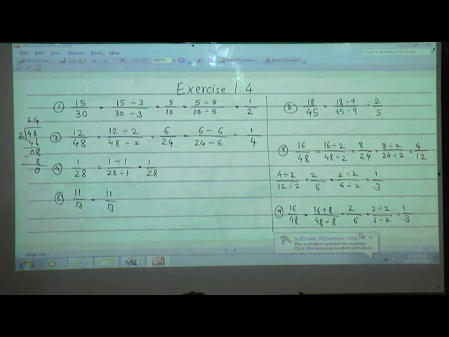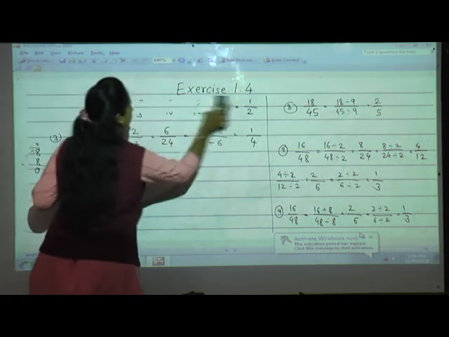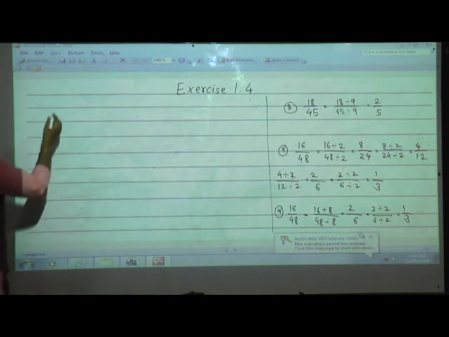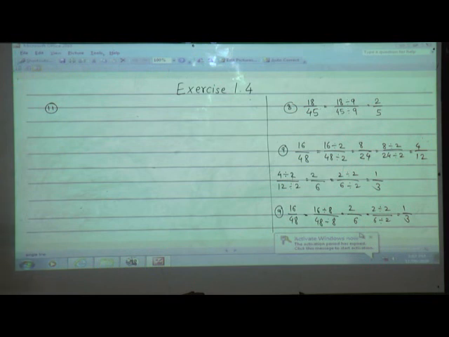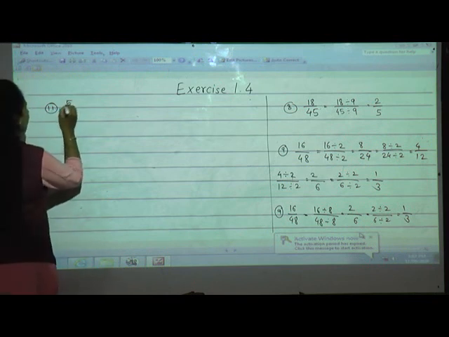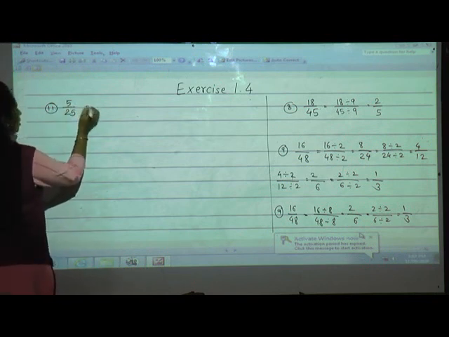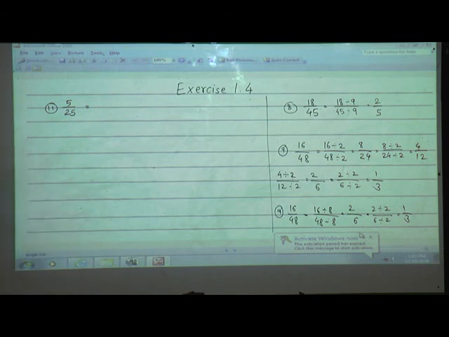Okay? Clear? 2 more examples I'll solve for you. I will solve the 11th one. What is the 11th one? 5 upon 25. Now see, in which table will both the numbers come, students?